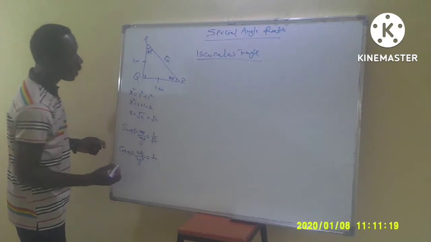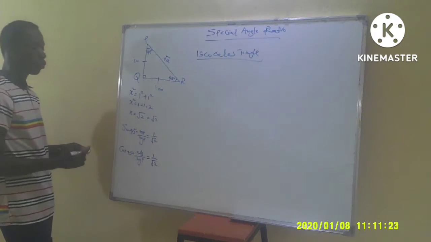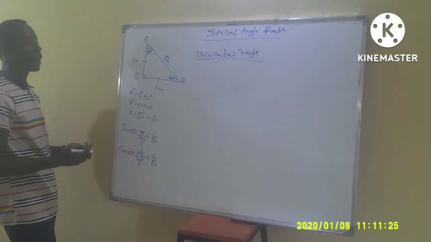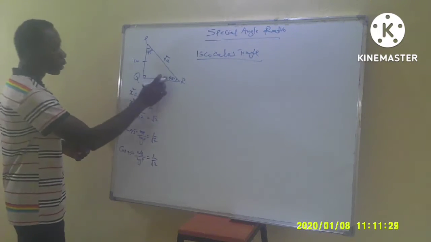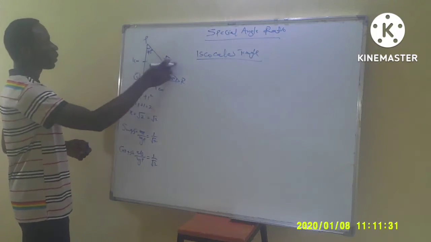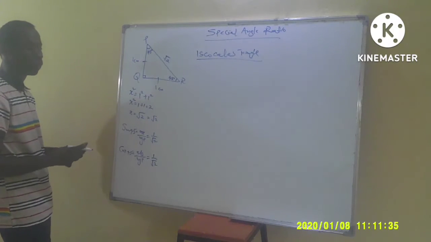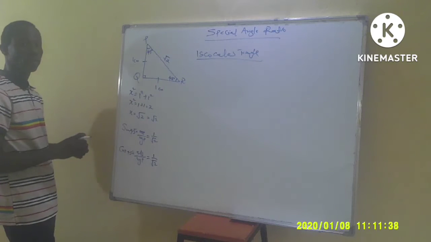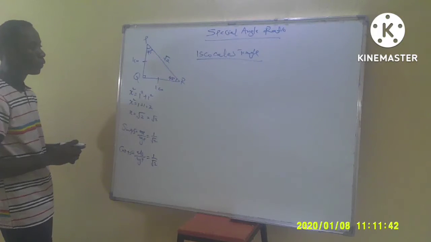So we have 1 over root 2. So cos 45 and sine 45, they are the same thing. Sine is opposite over hypotenuse, cos is adjacent over hypotenuse, and it is 1 over root 2. If you punch your calculator, you discover that sine 45 is the same thing as cos 45.